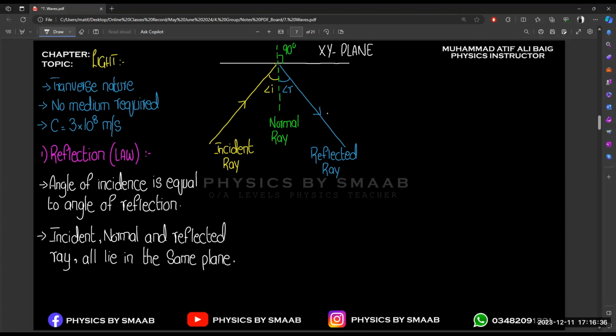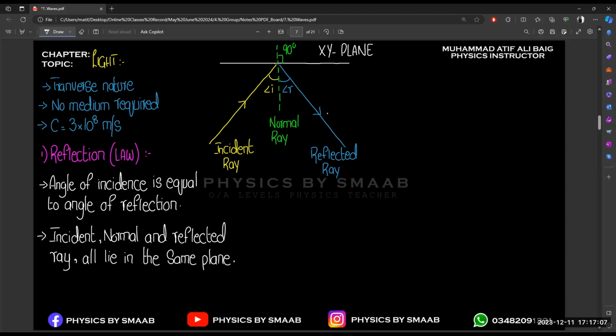If you consider that any one ray will move in the Z axis while the other two are not moving in the Z axis, that is not possible. If you are working on the XY plane, all rays must be in the XY plane. If you are using the YZ plane, all rays must be moving in the YZ plane. So this is the concept of the second postulate, right? When we are using a single direction, we use the word axis. And when you combine two axes, that gives you the concept of plane.